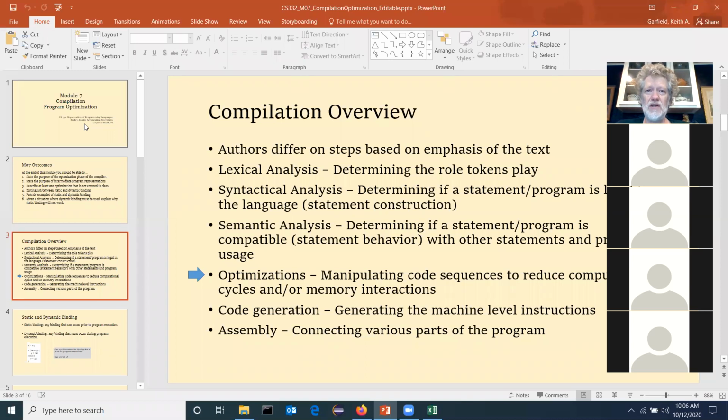So the creation kind of follows, well, we'll create assembler and then we'll move to strict machine code. So if you've had those two courses, you probably have a good feel for how that looks.